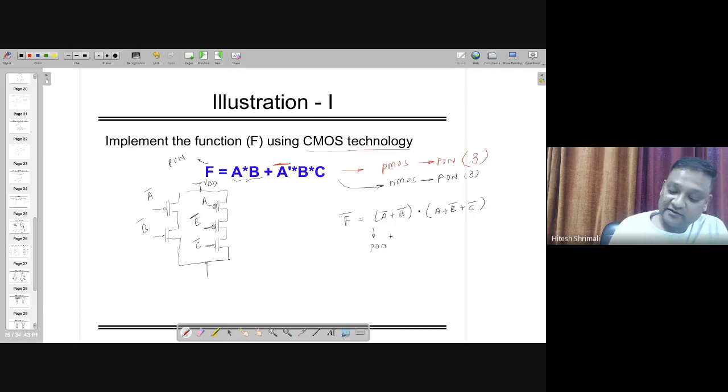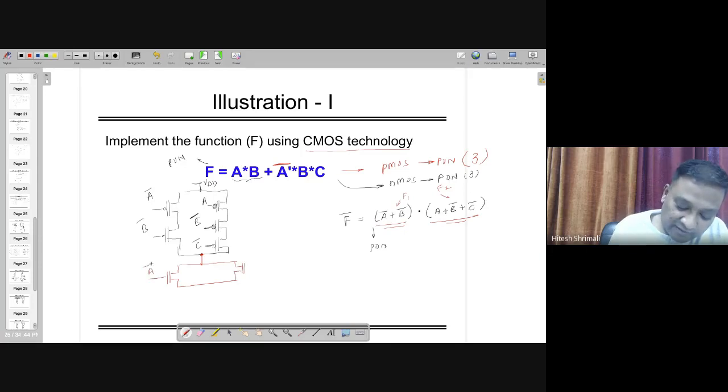Now we are interested in implementing F bar, where you can see here, I'll just make it a little bit smaller. So here, this is with NMOS, where two functions are in series, and inside that F1 and F2 are in parallel. So when I want to do that, I can do this one.